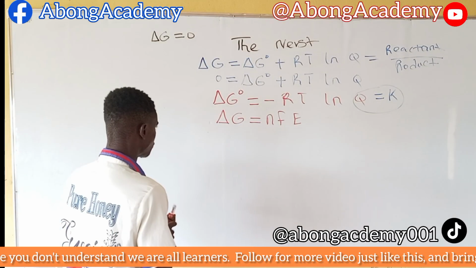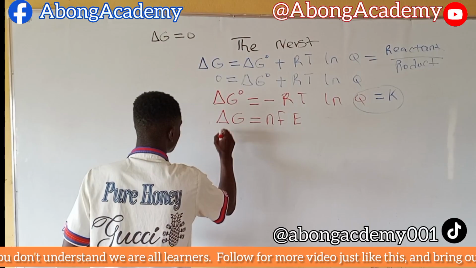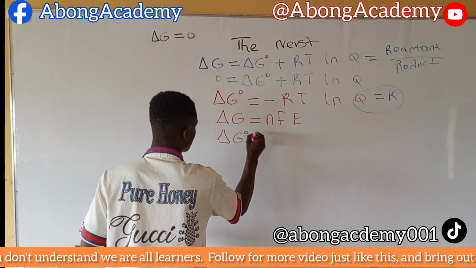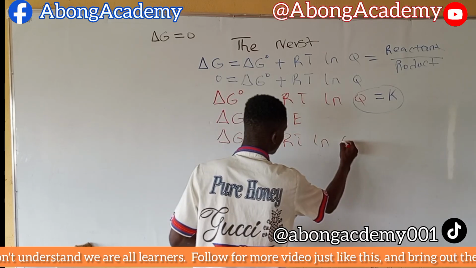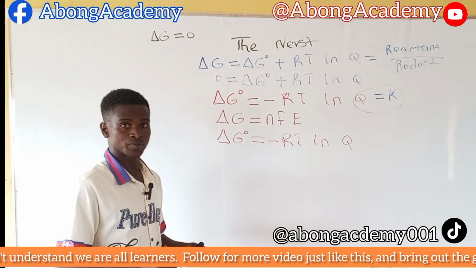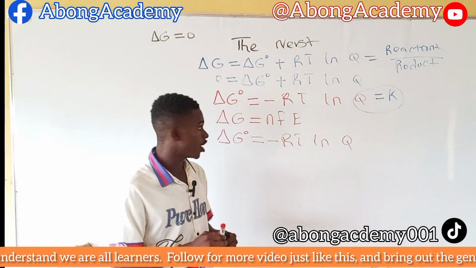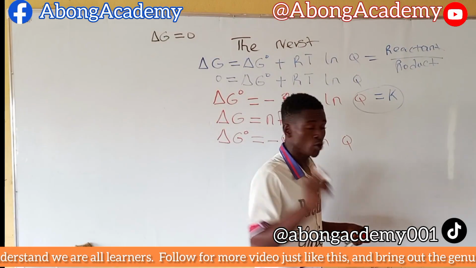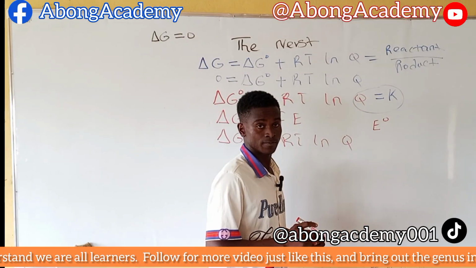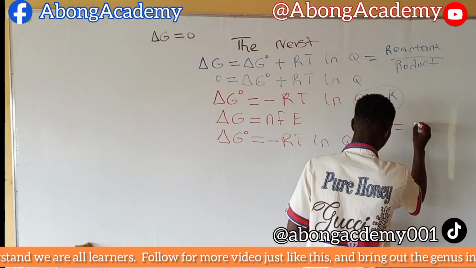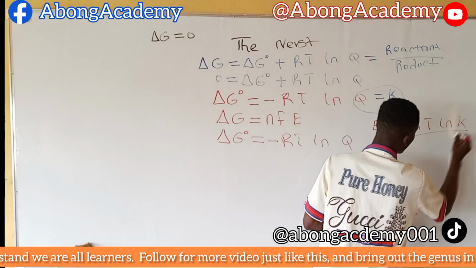And so now we have it that delta G standard is equal to minus RT ln Q. Now let's take note here. This E, which is the potential difference, at equilibrium is represented as E standard. You get? And this E standard is equal to RT ln K all over nF.